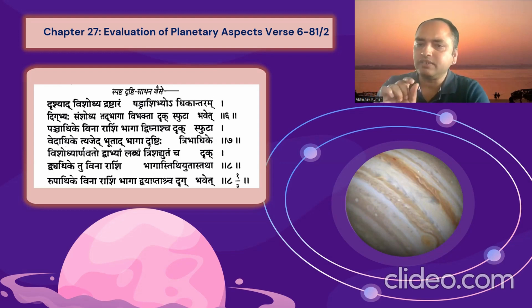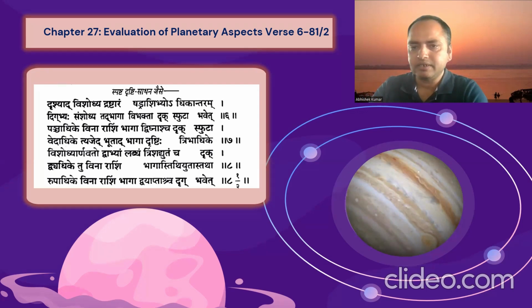Let us suppose Mars is in a particular house, aspecting some other planet, whether it is a 25% aspect, a 100% aspect, or a 50% aspect, because Mars doesn't have a 75% aspect. You have the longitude of Mars where Mars is posited, and you have the longitude of the planet where Mars is aspecting.